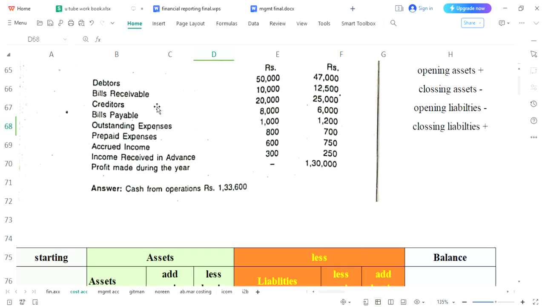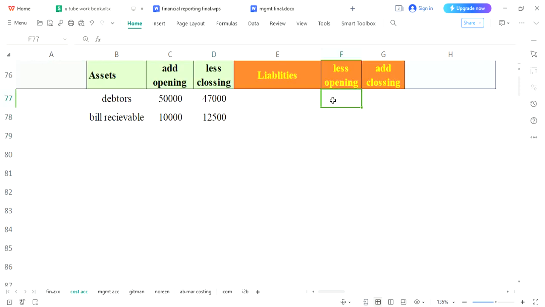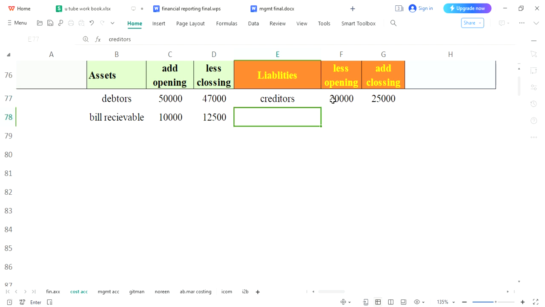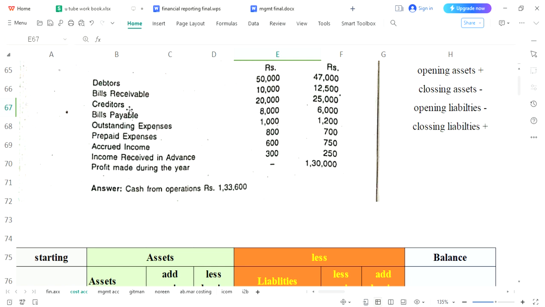Next, creditors are liability, 20,000 and 25,000. So simply what we are doing, we are writing liabilities at the right side, assets over the left side. Opening amount is written on opening assets, which would be added, and opening liabilities would be written separately with the sign of less or minus. Simply we are segregating everything.